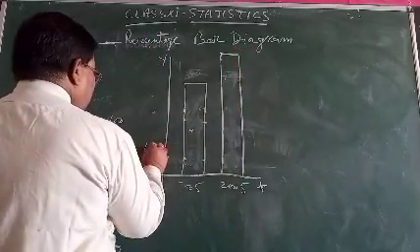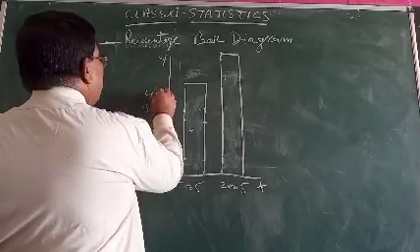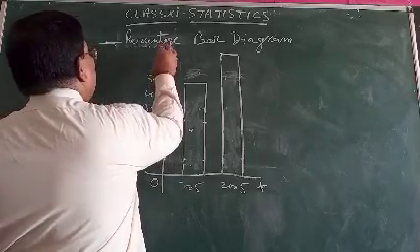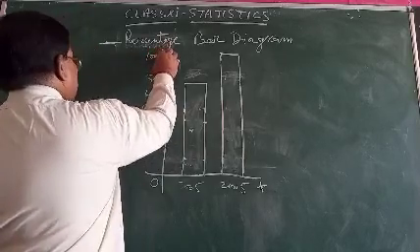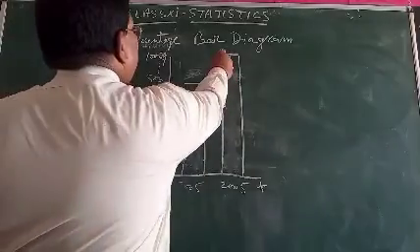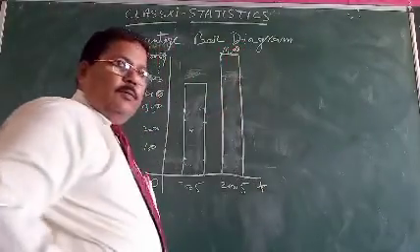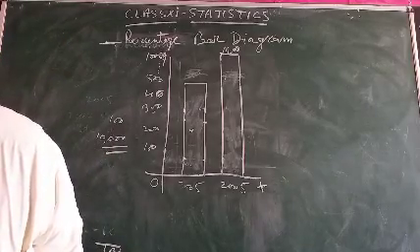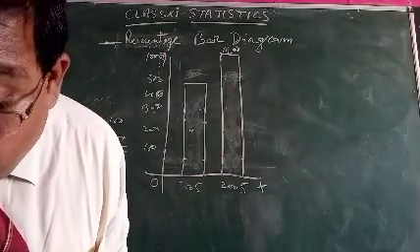This is 100, 200, 300, 400, 500, this is 10,000. This is called broken scale bar diagram. In this way you can present the broken scale bar diagram.